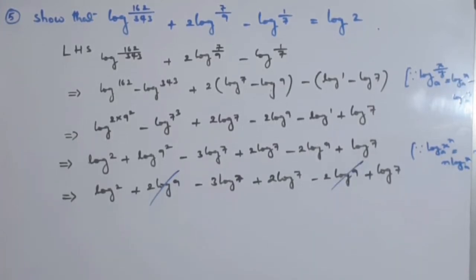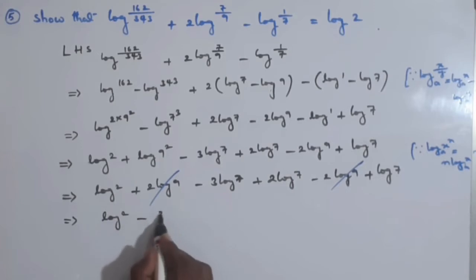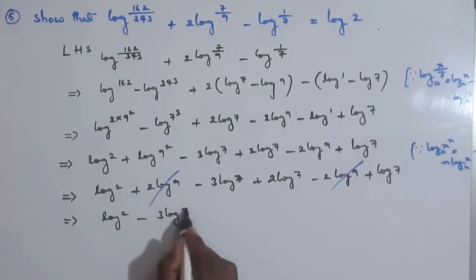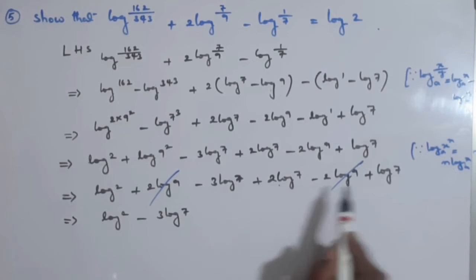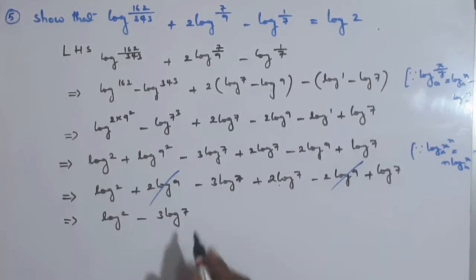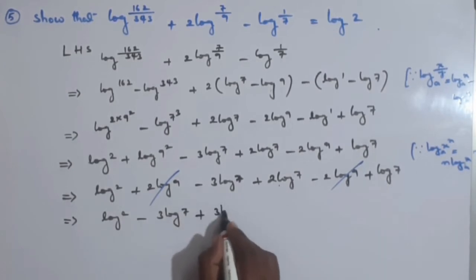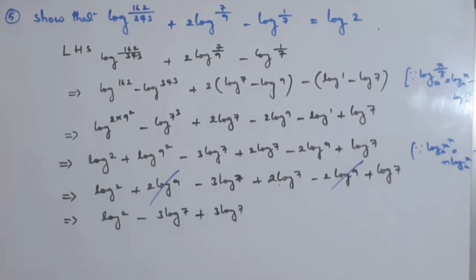Further: log 2 minus 3 log 7 plus 2 log 7 plus log 7, and the 7 terms cancel. So what is the answer? It equals log 2, which equals the RHS. This is the answer.